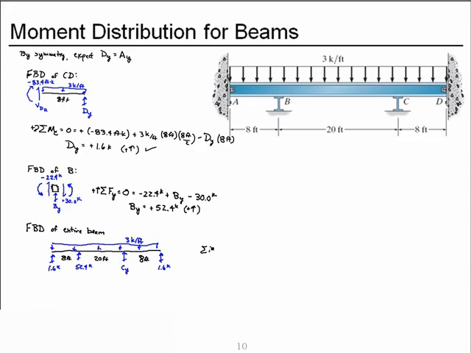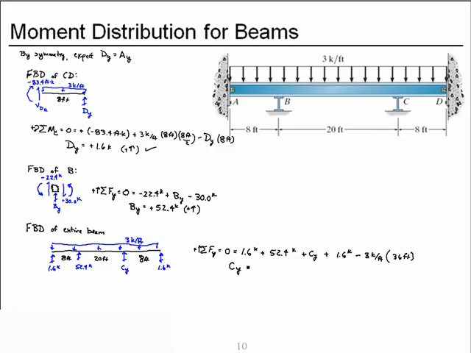We'll apply vertical equilibrium. Choose up to be positive. Get a positive contribution from the reaction at A, a positive contribution from the reaction at B, a positive contribution from the reaction at C, and a positive contribution from the reaction at D. I get a negative contribution from the distributed load, which acts over a total of 36 feet.